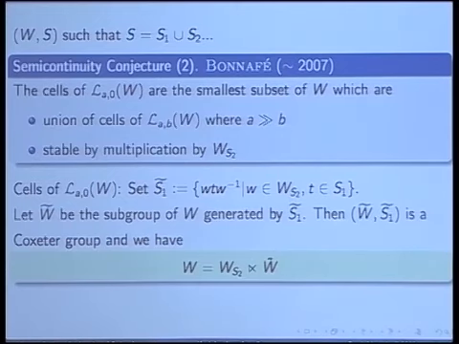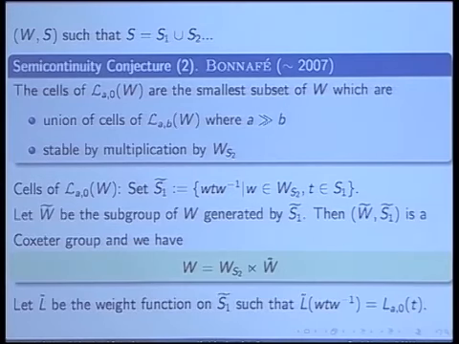Now, on this W tilde, you can put a weight function, which is L tilde. The weight of w t w inverse will be just the weight of t, so here it's going to be A. And so, the first thing you can say is the weight function L tilde takes only positive values on W tilde.